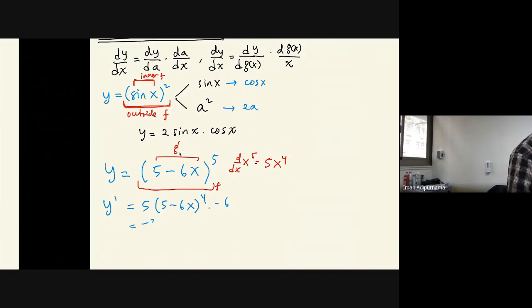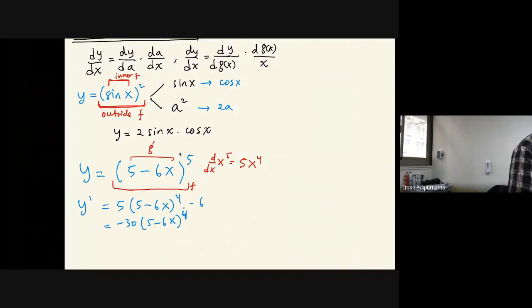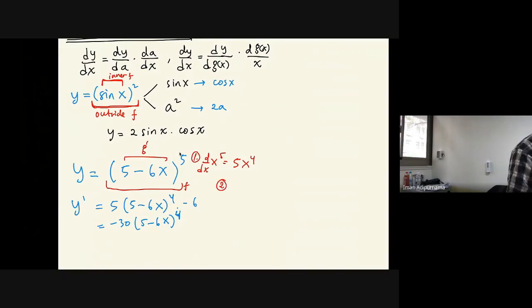So your whole function will be negative 30 times (5 minus 6x) to the power of 4, and this is the answer. The d/dx of 5 minus 6x is just minus 6.